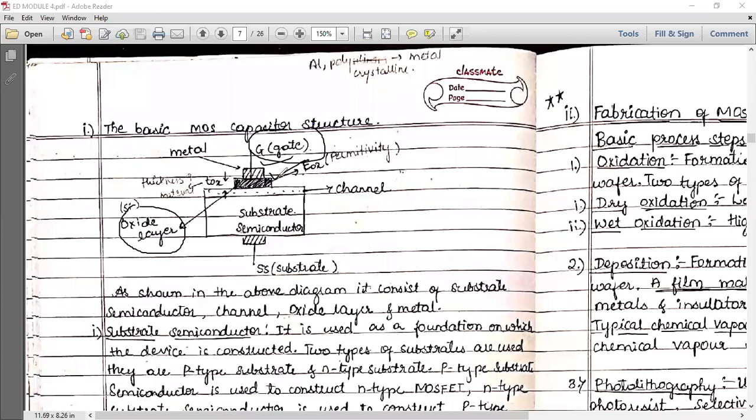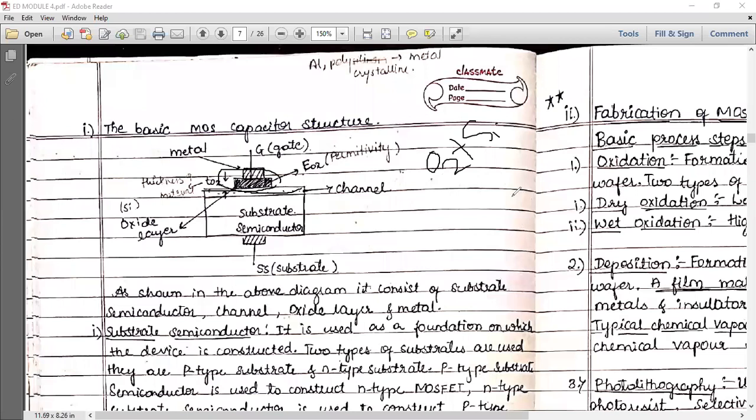The important thing here is the oxide layer, which is the SiO2 layer, a thin layer formed when the surface of the channel is exposed to oxidation. Oxidation is a chemical process in which O2 combines with silicon, Si, and forms silicon dioxide, the SiO2 layer.